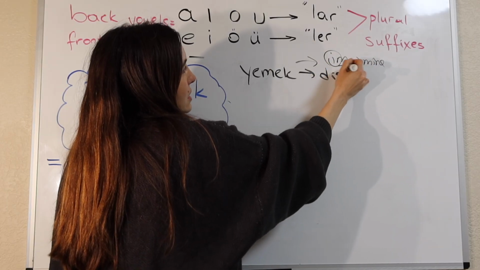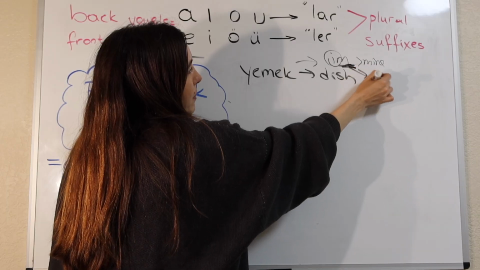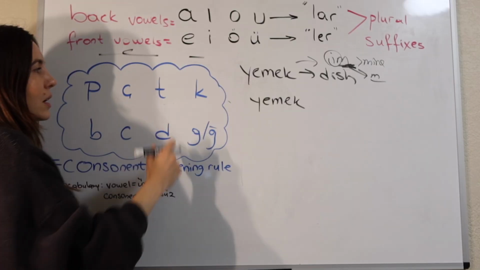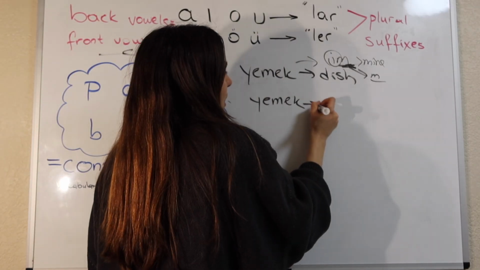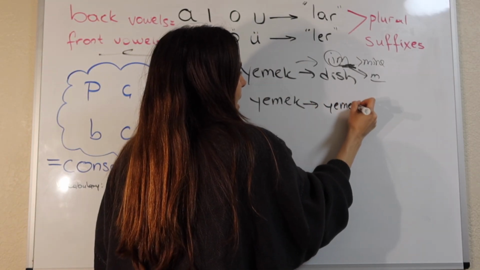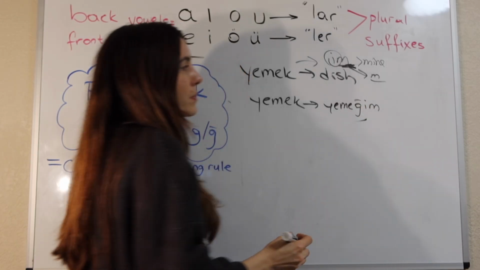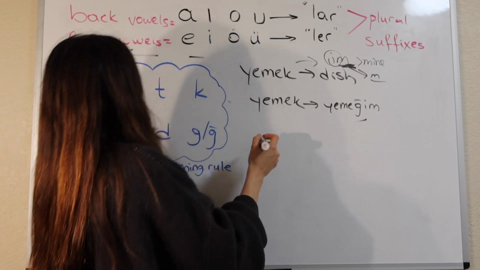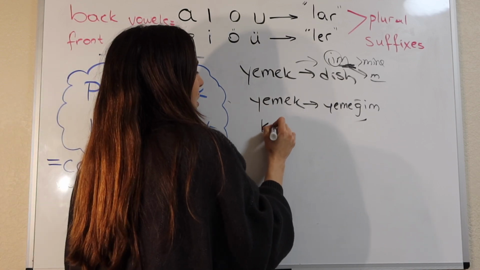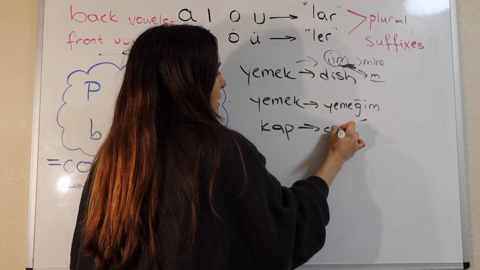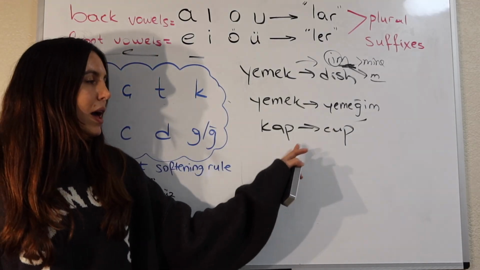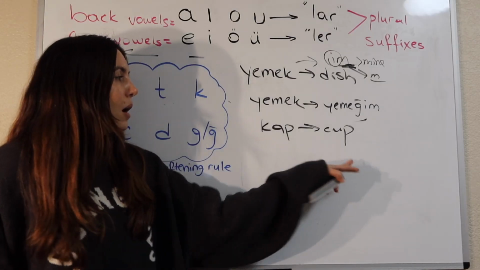Well, this indicates that it's mine, this M right there. So yemek, again, K is going to become yemeğim, yemeğim. It's going to have the soft G. Or let's say cup. It literally means cup. K-A-P, cup.